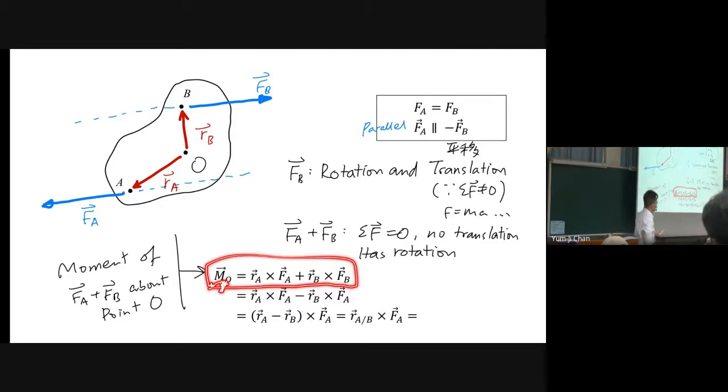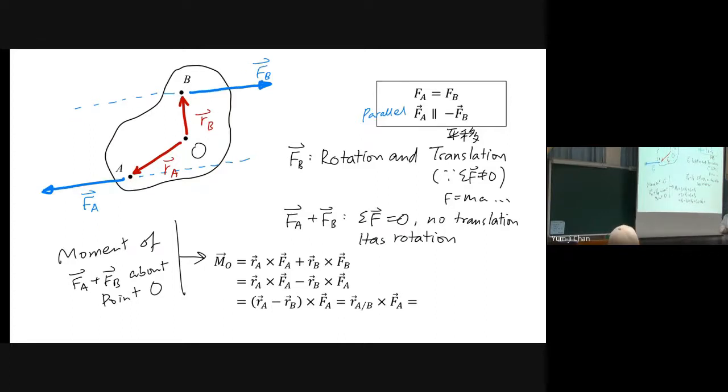Next, we know the magnitude of FB is equal to the magnitude of FA, but they are in opposite direction. So we can write it like this, FB is equal to negative FA.